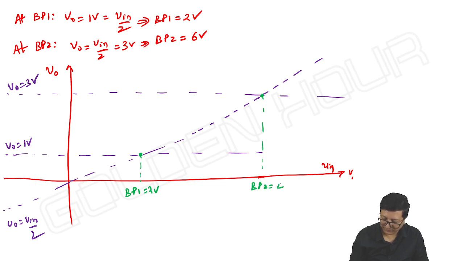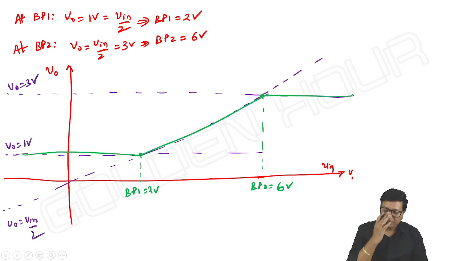Breakpoint 2 is equal to 6 volts. This is how we can see the transfer characteristics.